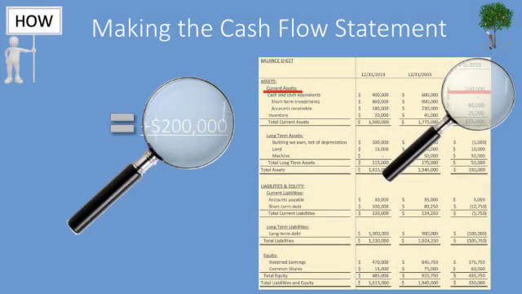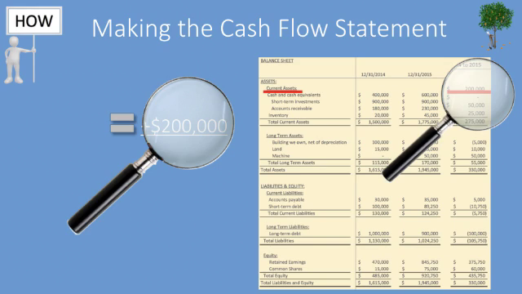Next up, we've got the relationship between the income statement and the cash flow statement. You take net income, which is at the bottom of your income statement, and you'll see it's at the top of your cash flow statement. You always start with net income because you then add back or subtract cash and non-cash expenses, as we talked about. And the last relationship we've got is between the balance sheet and the cash flow statement.